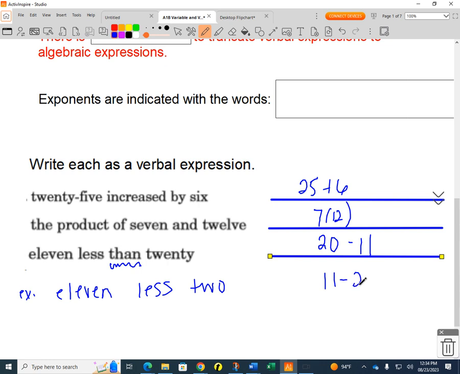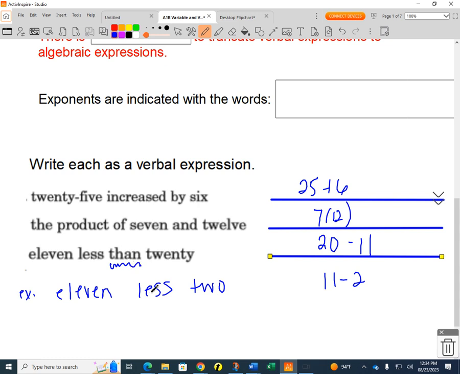This one, because of this word, things aren't in the same order when we translate them. It doesn't mean the same thing if we translated 11 minus 20. 11 minus 20 is negative 9, right? 20 minus 11 is positive 9. So the order matters, and that is one of the tricky things here. That one will catch you.